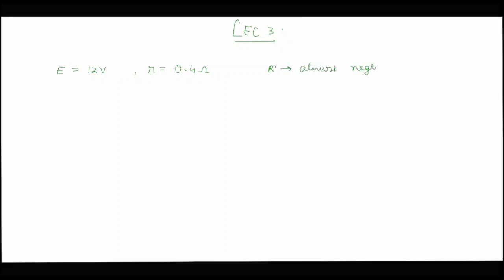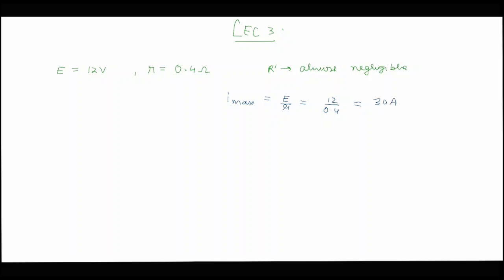So I can write that the maximum value of current is equal to E by small r, which is 12 upon 0.4, equal to 30 ampere.